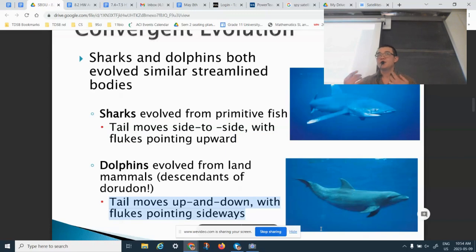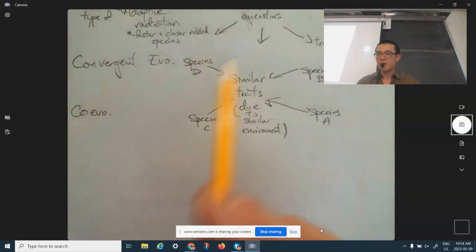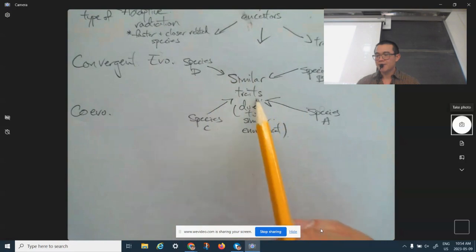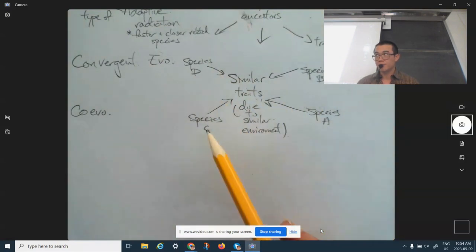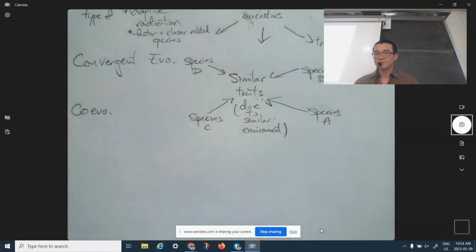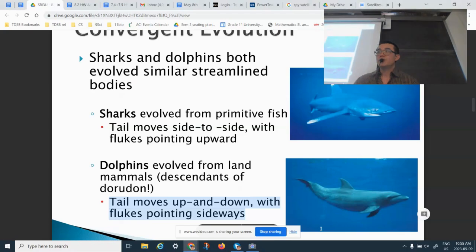So again, a different method to solve the same problem, coming from a different approach. So same thing here. They have similar traits because of similar environments, but they come from different approaches and different ancestors too. You guys good?